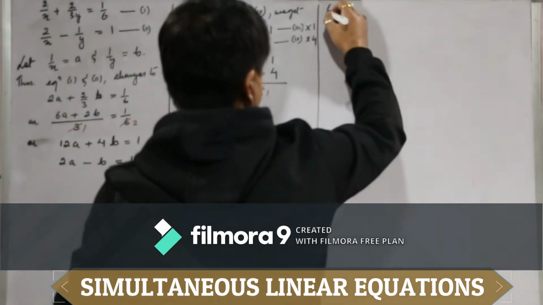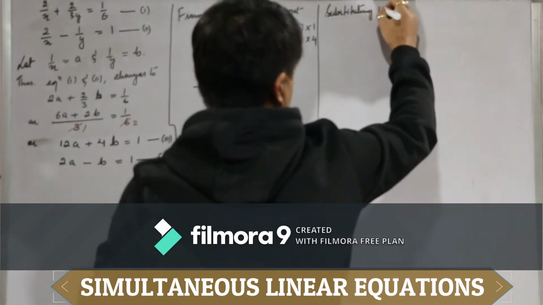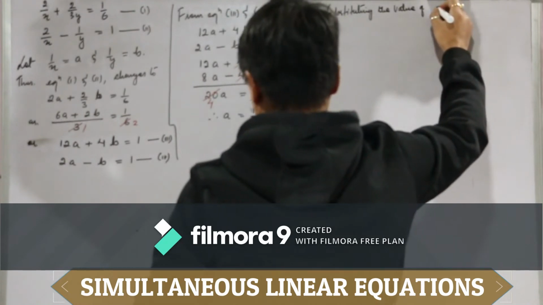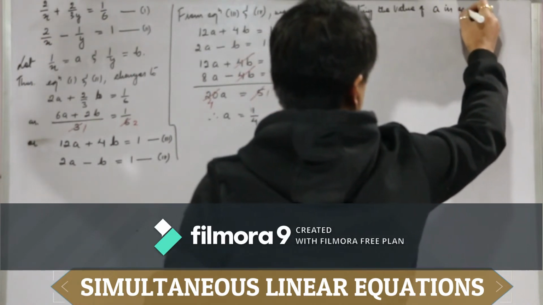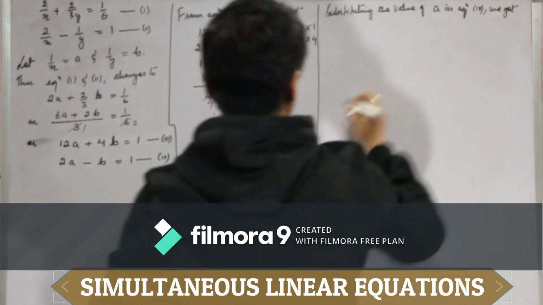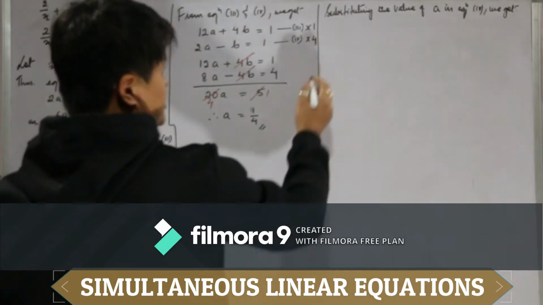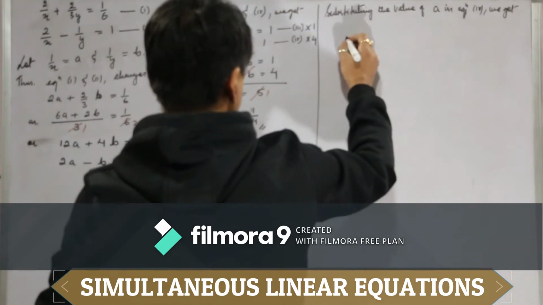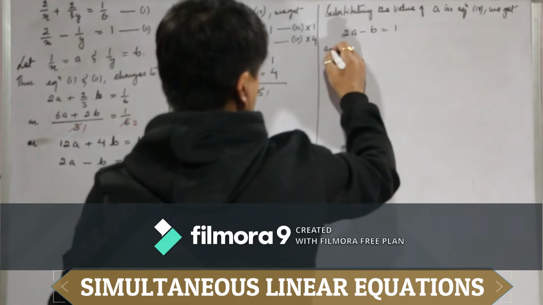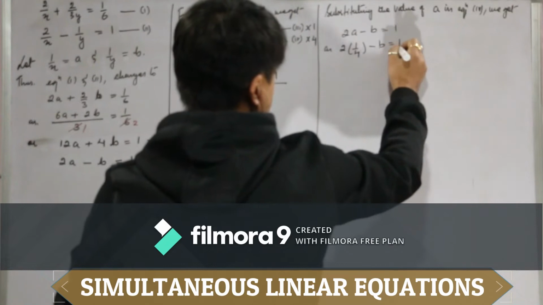Okay. Substituting the value of a in equation 4, we get 2a minus b is equal to 1, or 2 into 1 by 4 minus b is equal to 1.